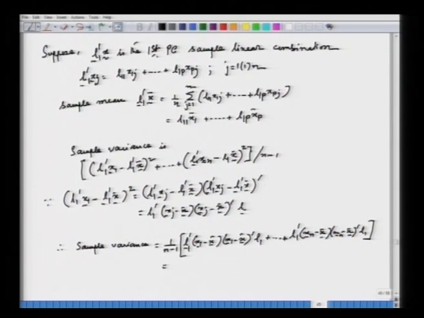This gives 1 by n minus 1 L1 transpose times the sum over j from 1 to n of (xj minus x bar)(xj minus x bar) transpose, times L1. By our definition of the sample variance covariance matrix, this is L1 transpose S L1.